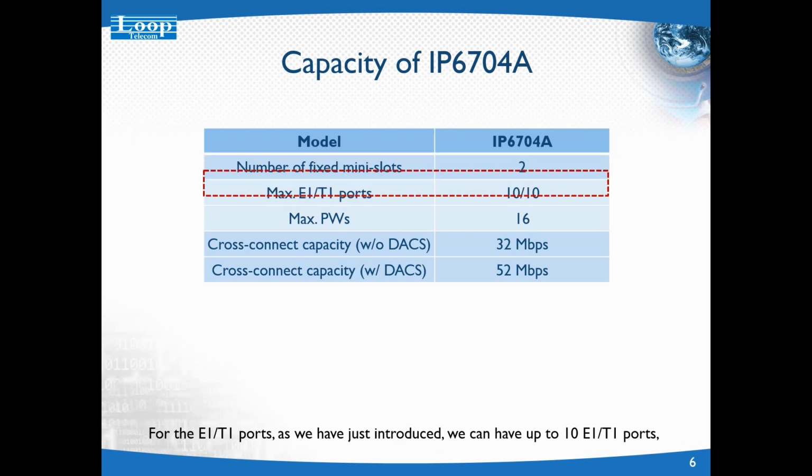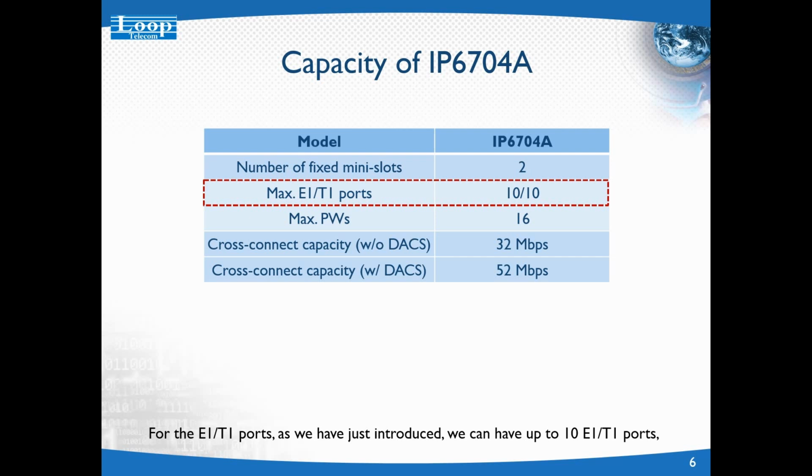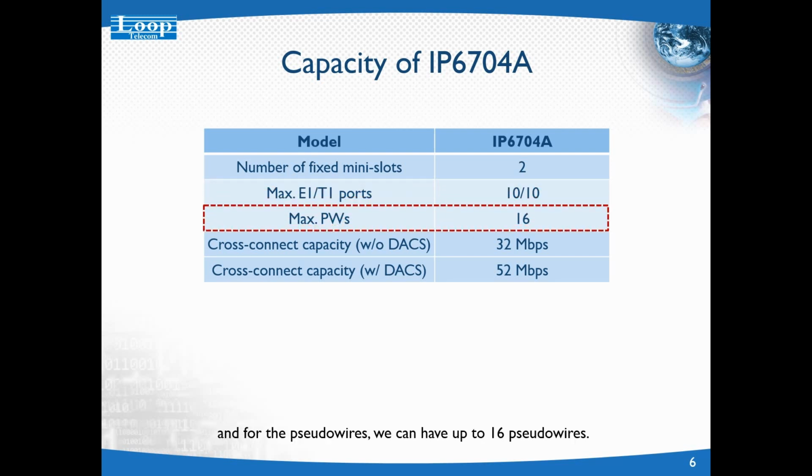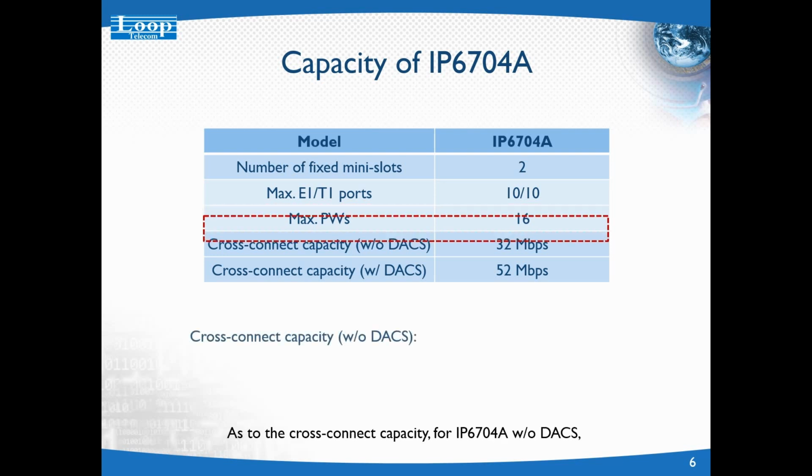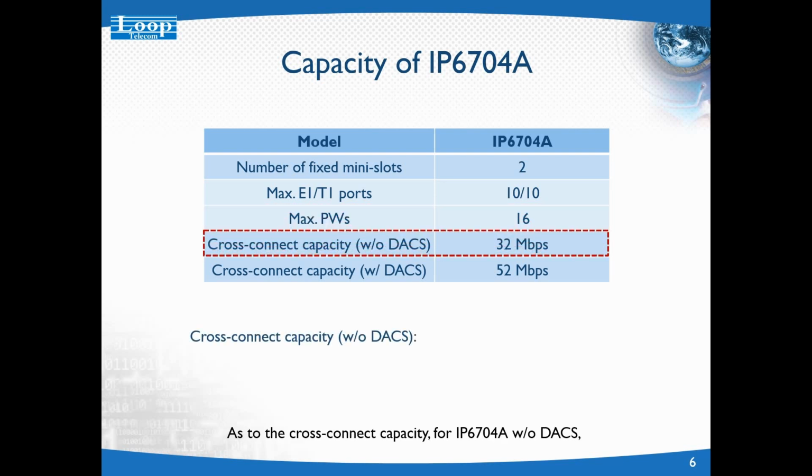For the FE1 T1 ports, as we have just introduced, we can have up to 10 FE1 T1 ports, and for the pseudowires, we can have up to 16 pseudowires. As to the cross-connect capacity, for IP6704A without DACS, only pseudowires have the cross-connect capacity.